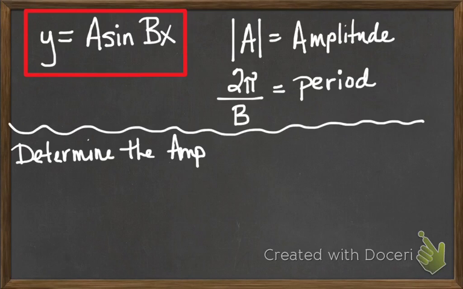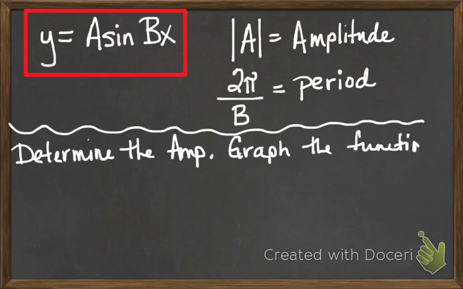Determine the amplitude, and then it says period, and then it says graph the function y equals sine of x, for 0 is less than x and x is less than 2 pi.